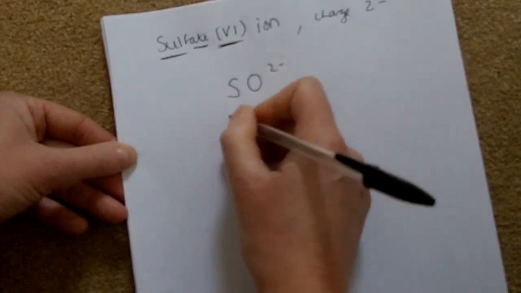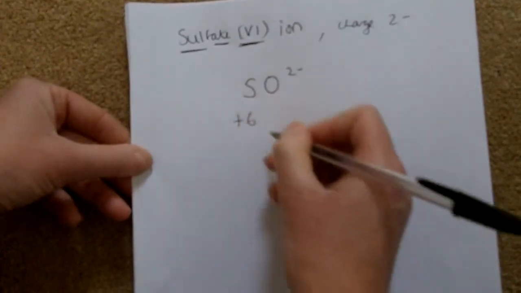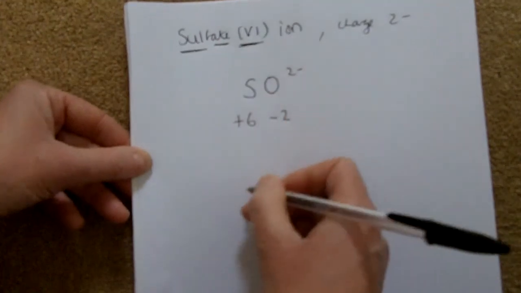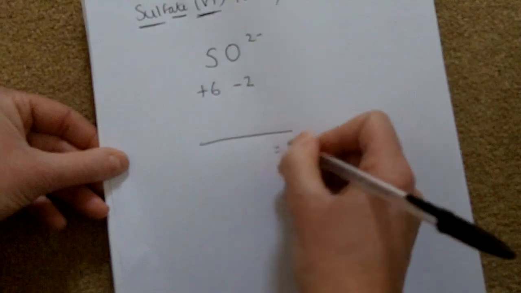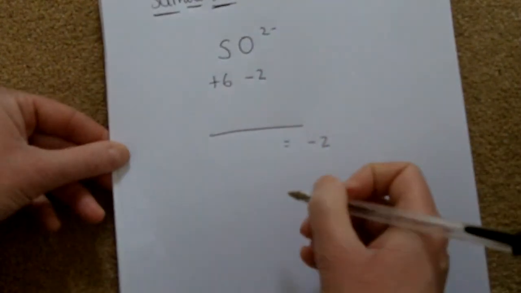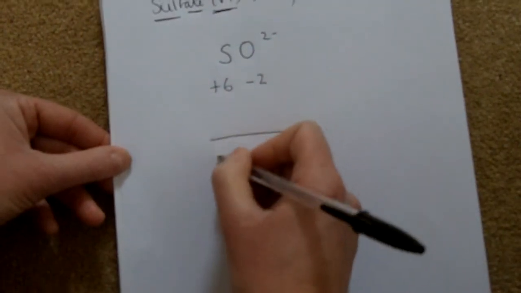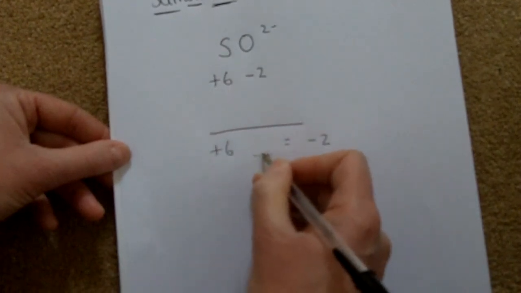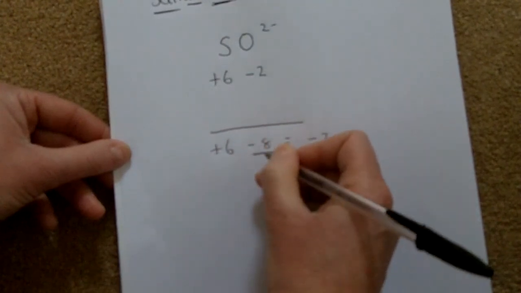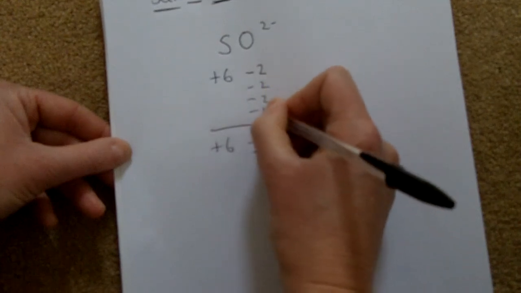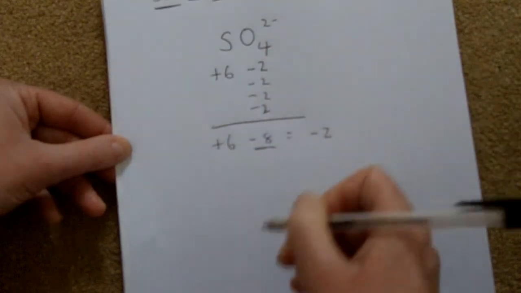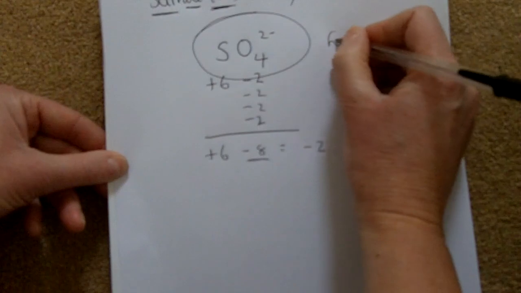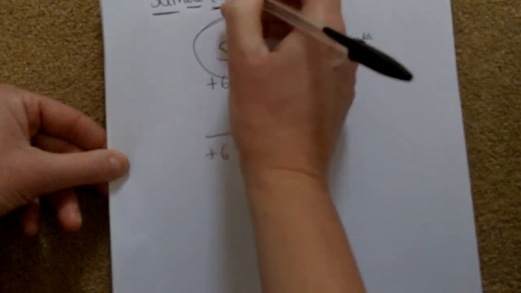We know the oxidation state of sulfur is +6, and the oxidation state of oxygen is -2. It has to add up to -2 overall. So if that's +6, we need this to be -8, so we need there to be 4 oxygens. 6 minus 8, we need it to be SO4 2-, and that's the formula of the sulfate(VI) ion.